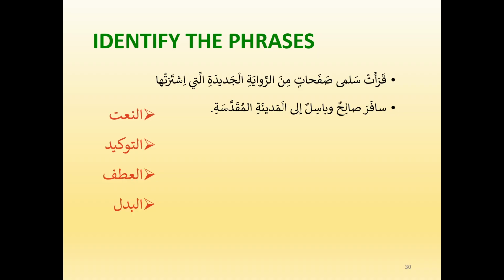There's one more, an ataf: Salih and his friend, what was his name? Basil. Yes, Basil is ma'tuf to Salih, so we have ataf murakkab here. Good, alhamdulillah. Nothing else, because we're not doing jar wa majrur. We know these two are jar wa majrur.